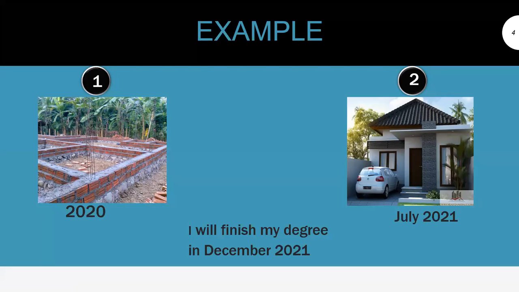So when we are connecting these three events, what will happen with the house by the time I finish my degree in December 2021? Can you guess? Is the house still under construction or not? Already completed.